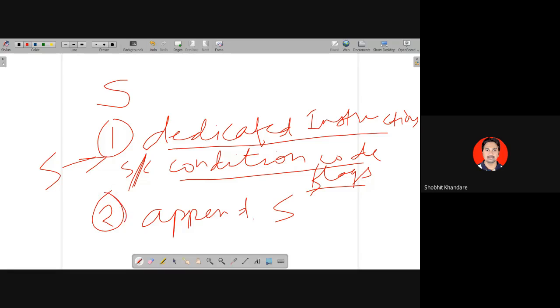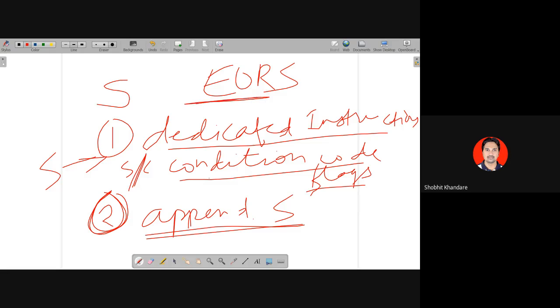But in this second case, there are instructions which are affecting your flags, but if we want the flags to be reflected, then in those instructions you have to append S. For example, if I am writing EORS, that means I am doing an exclusive OR operation and I am writing S, so this will come under the second category.